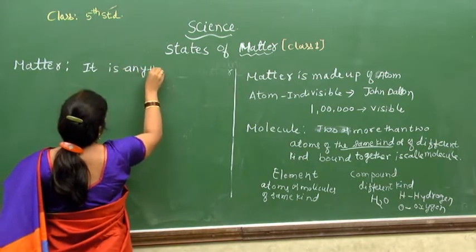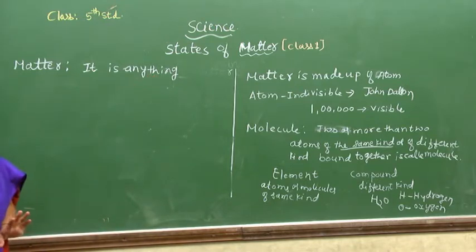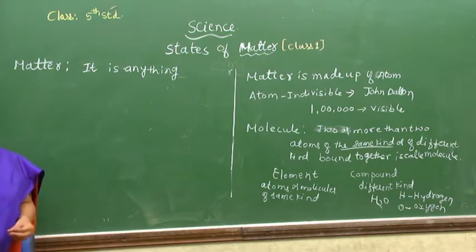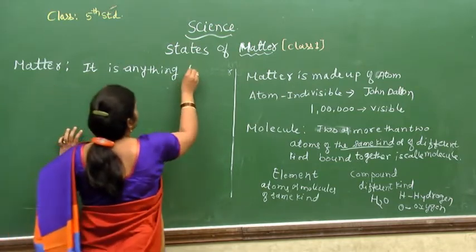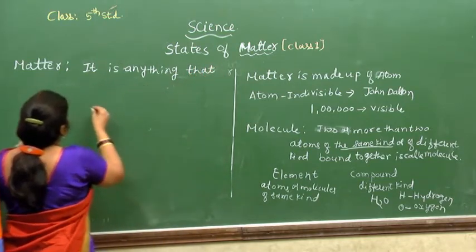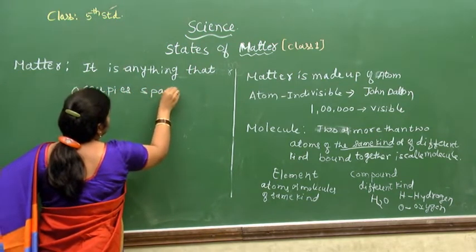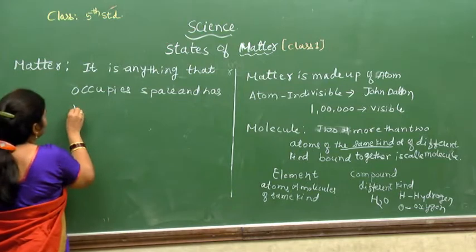We use the word anything because whatever it is, whether it is an animal, a bird, a stone, water, soil, sun, moon, or star, whatever it is, it should occupy space and have mass.